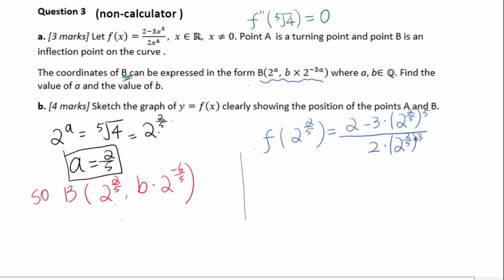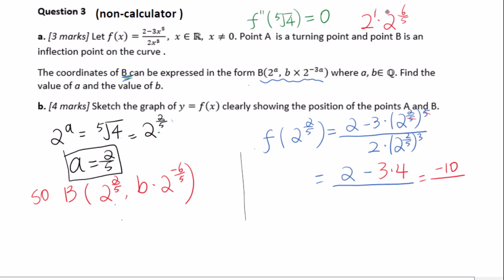Power of a power, we multiply. So we have 2 minus 3 times 2 squared, which is 4. That equals negative 10. Look at the denominator: we will have 2 times 2 to the 2 times 3, which is 6 over 5 power.